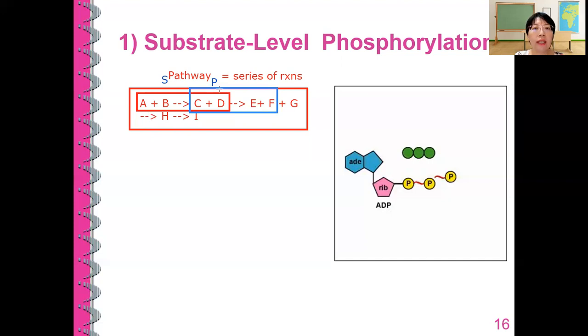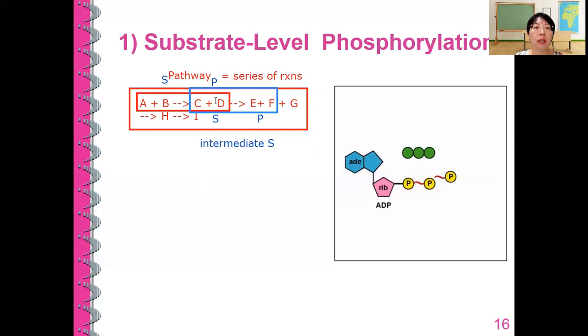In this reaction, C and D become the substrate. E and F become the product. So therefore, over here, can you see that C and D can be a product? It can also be a substrate. So therefore, C and D can be called the intermediate substrate.